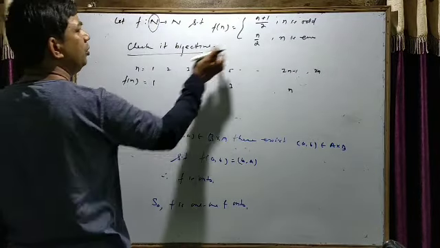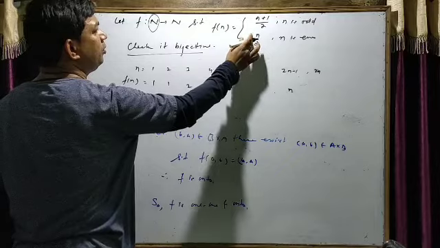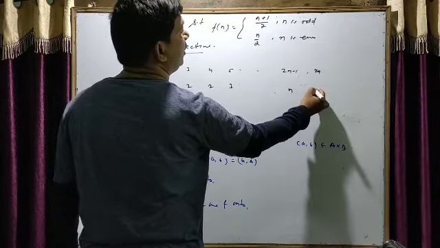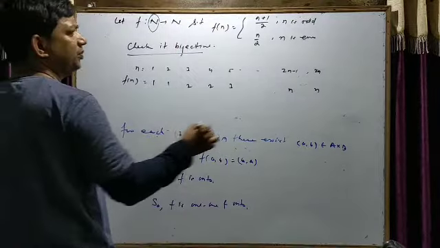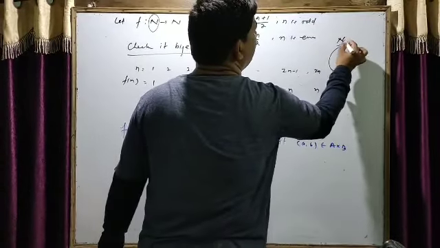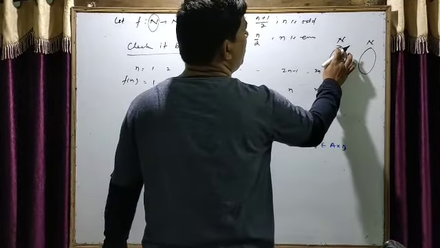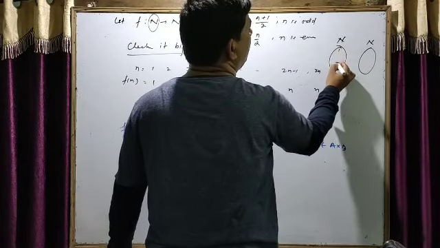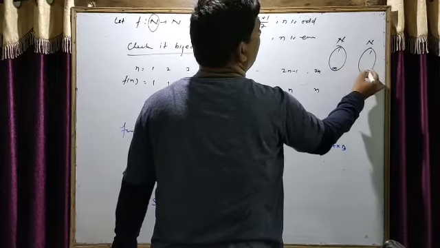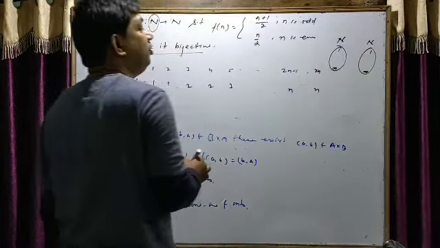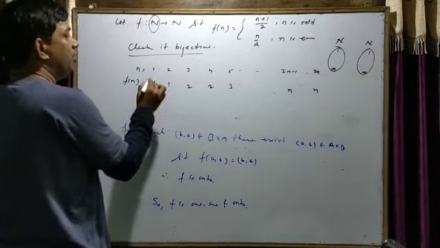Now if you take 2, 4, up to 2n, f gives 1, 2, up to n. So in this set it is n, in this set it is also n. So all the elements, all the natural numbers from 1 to infinity, every element of this set is not uniquely associated. Why?